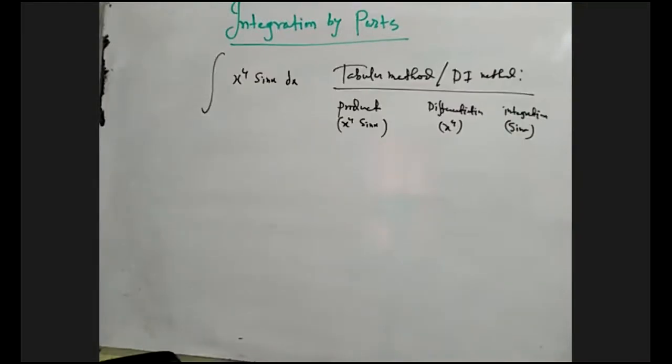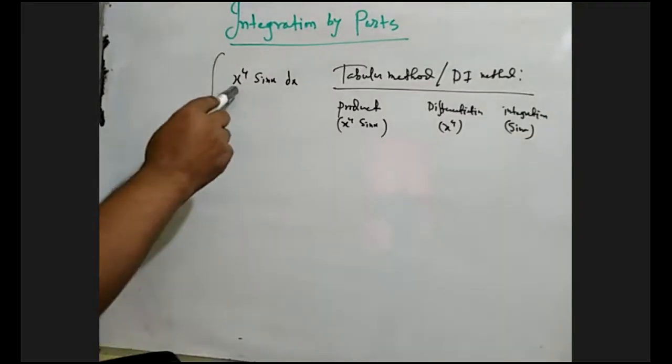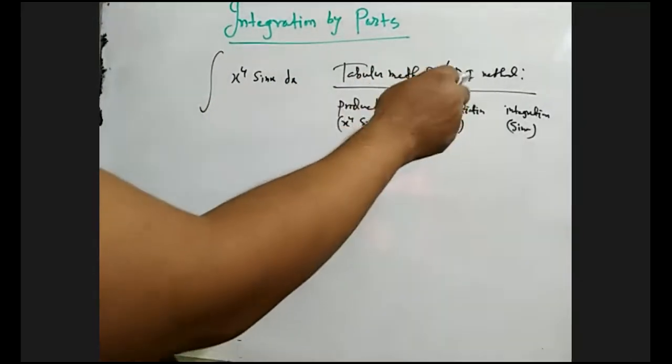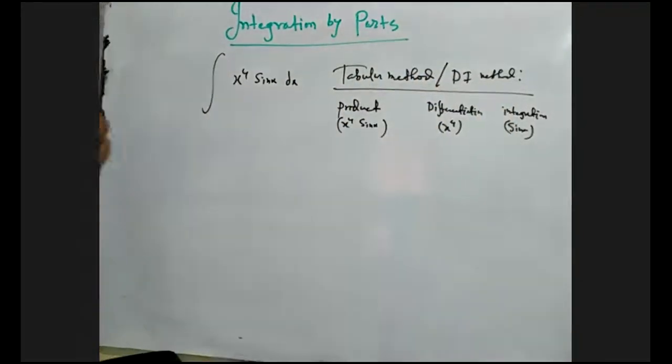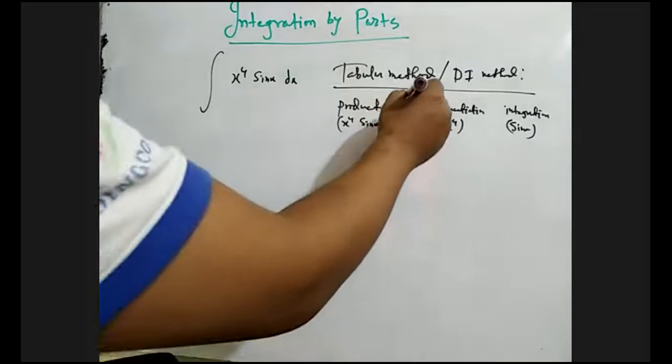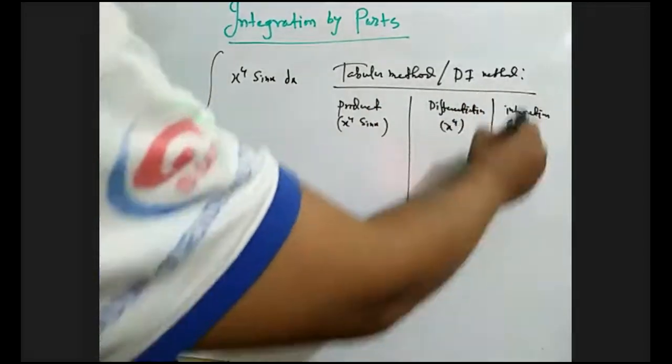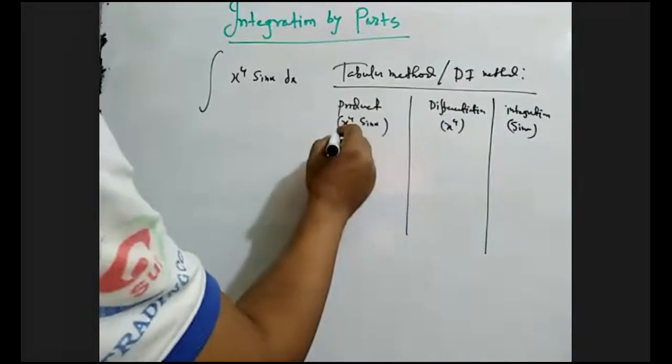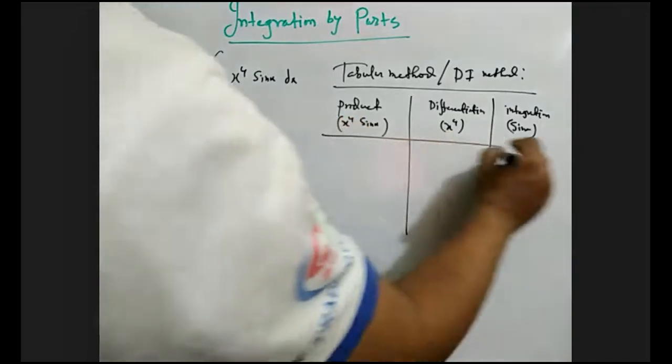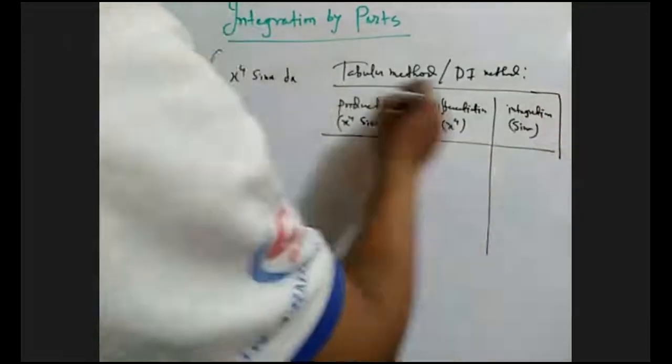And using the same procedure, we can integrate x to the 4 sin x dx by the tabular method or differentiation integration method. Now you have to take three columns, one for signs, one for differentiation, other for integration.